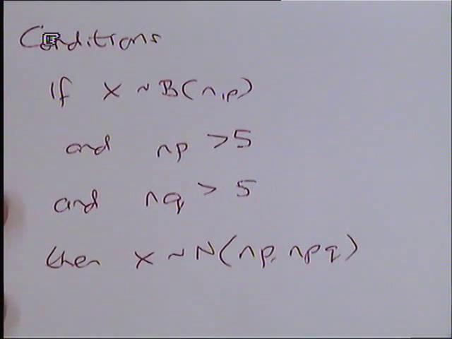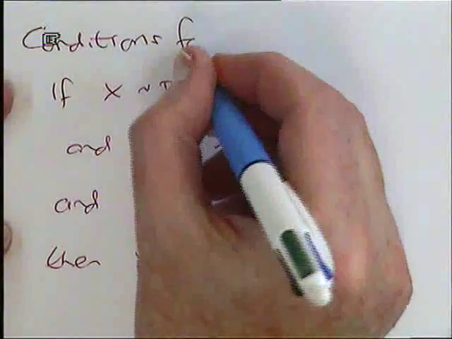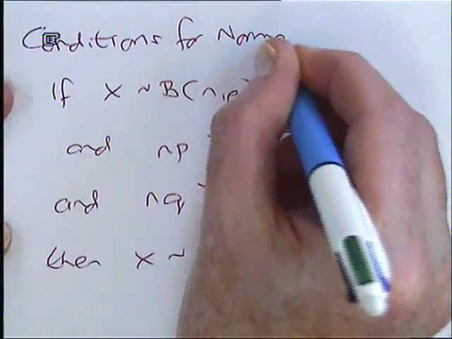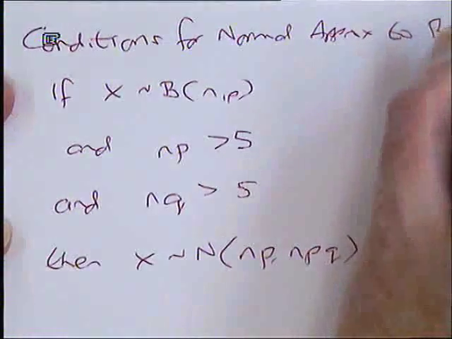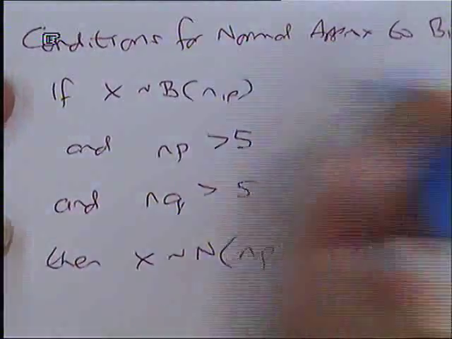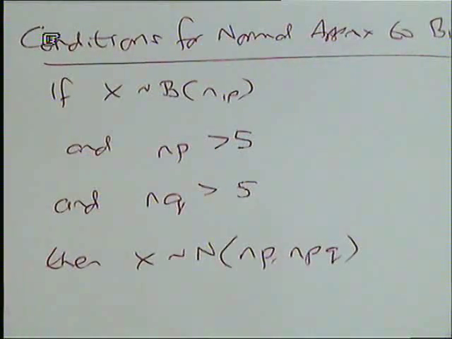Okay, those are the conditions for using the normal approximation to the binomial. And those you need to learn. Okay?